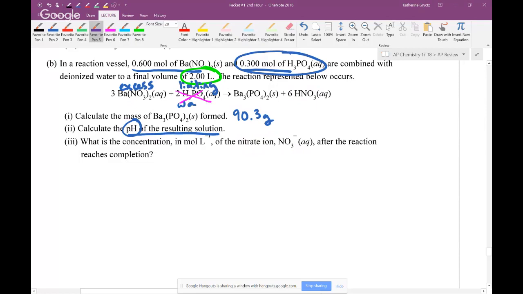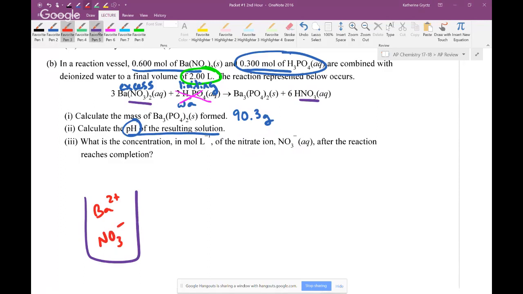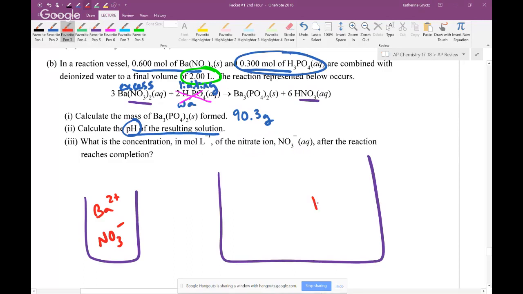The easy way is to understand that nitrate is always soluble in whatever form it comes in. So in the beginning, when you had barium nitrate, it existed like this. And then when you pour them all together, you're going to have the HNO3 separate, and you're still going to have some leftover Ba(NO3)2.